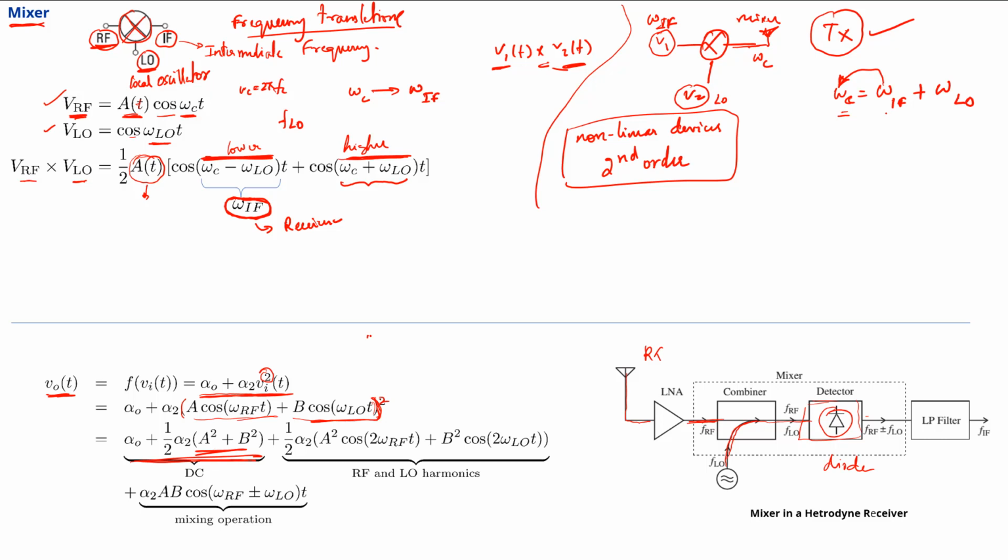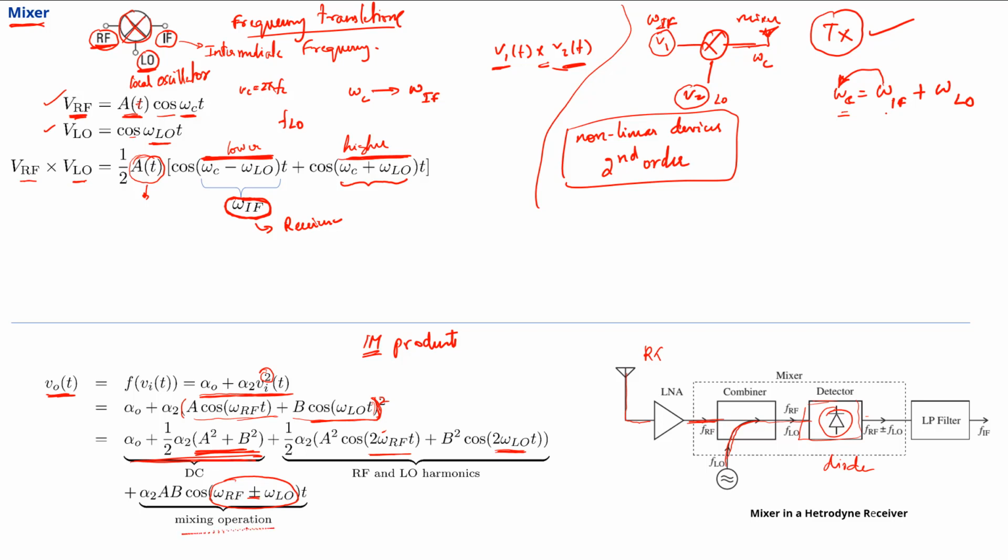We saw this even in the intermodulation products video: the nonlinear device creates a bunch of frequencies at the output. What we are interested in is not the DC component, nor the higher order harmonics of 2 omega RF or 2 omega LO, but these two frequency bands, RF plus LO and RF minus LO.